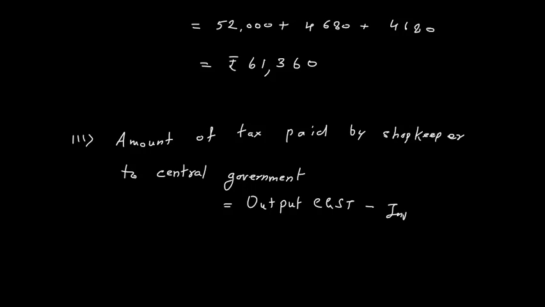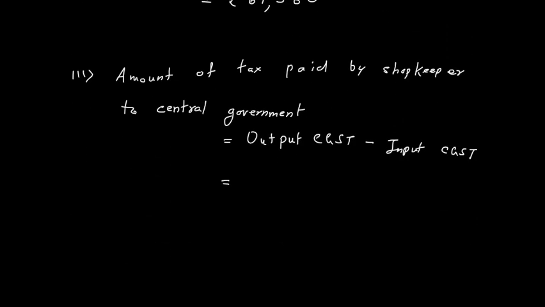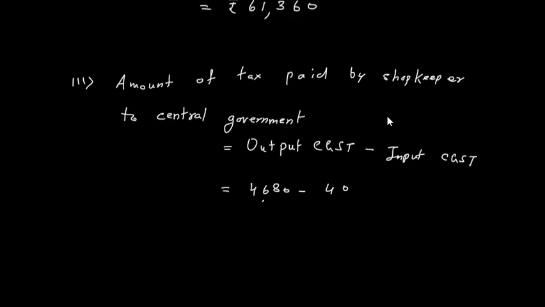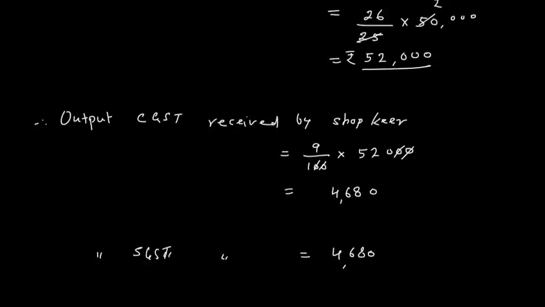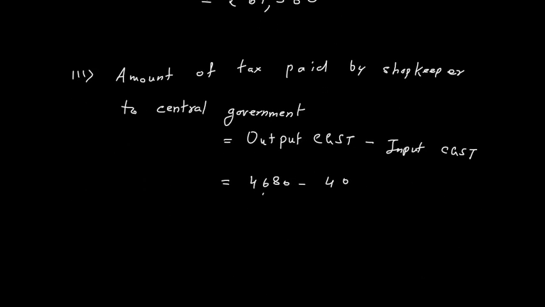Output CGST is 4,680 and input CGST is 4,050. So 80 minus 50 is 30, and this is 6. So rupees 630 is the amount of tax paid by the shopkeeper to the central government. This much central government will receive.